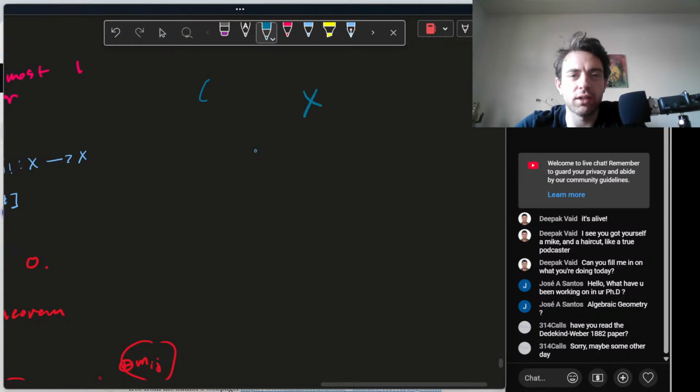Okay, secretly X is being acted on by two copies of GL2C. Why?